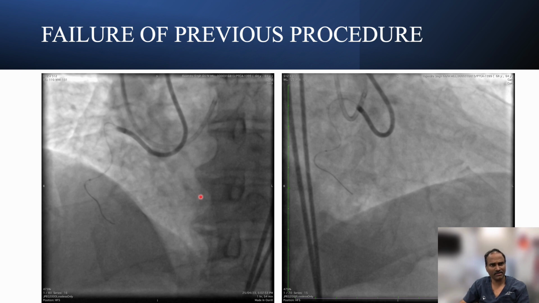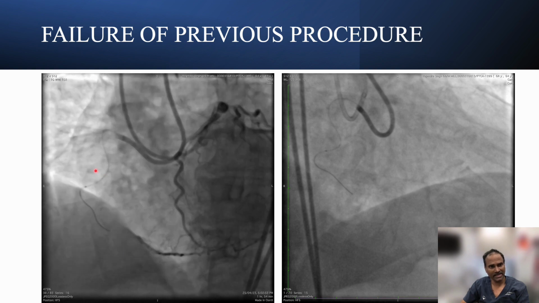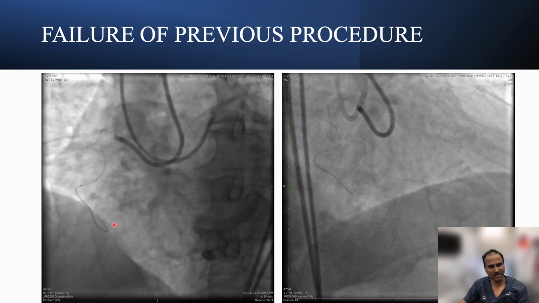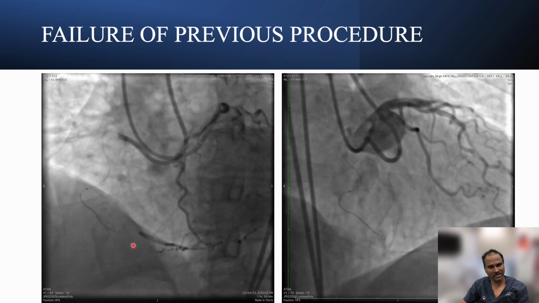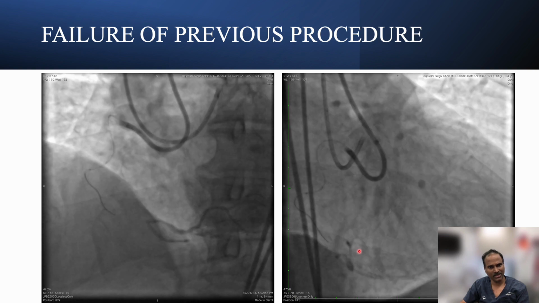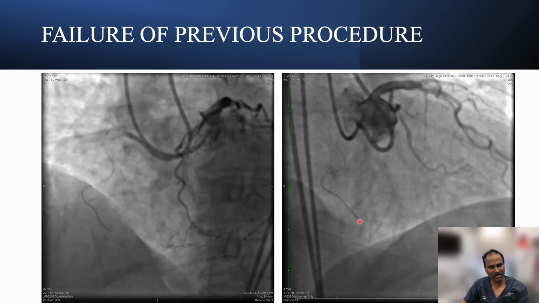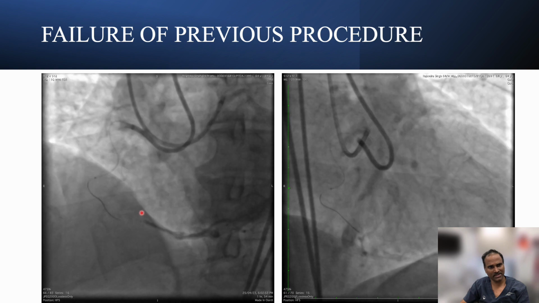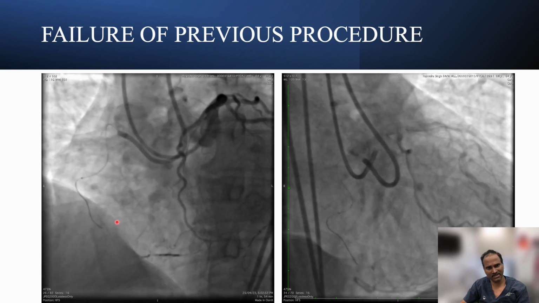So this was the failure of the first attempt. You can see what exactly happened. They started wiring, I think this is a pilot wire, and you can see the wire and distal vessel relation. It appeared the wire is totally in a different course from the right coronary artery, and near the distal cap the wire appeared to be in a different direction.